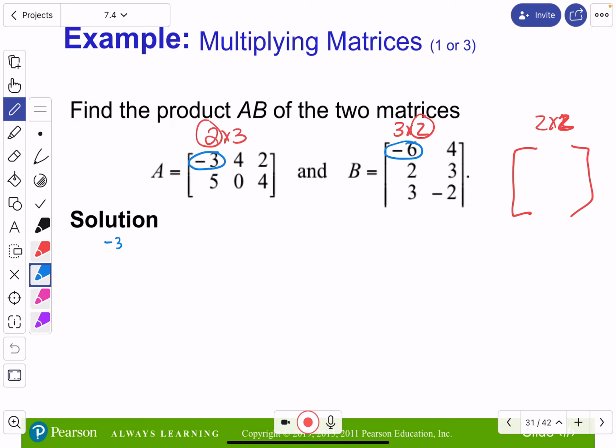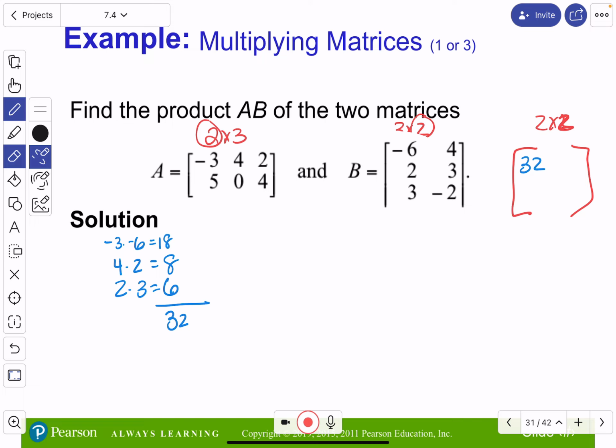So -3 times -6 is 18. Then we're going to take the second term and the second term. So we're doing the rows in one, columns in the other. And we do 4 times 2 and get 8. Then we do the third one. 2 times 3 is 6. Then we add those up and we get 32. So that's the number we put in the first box.